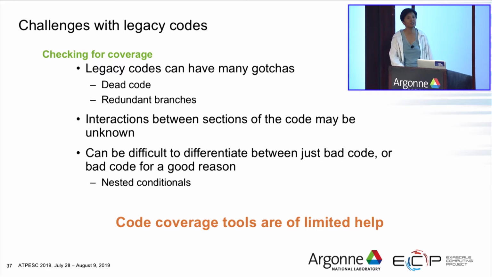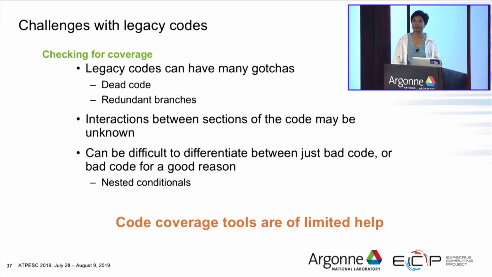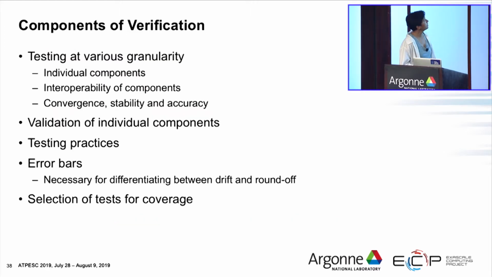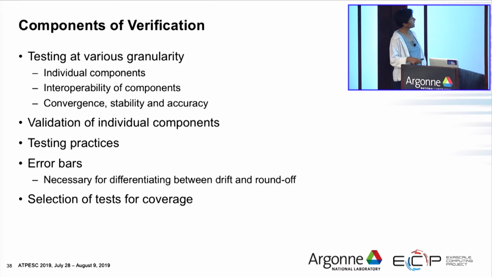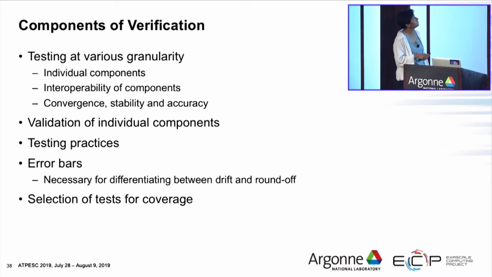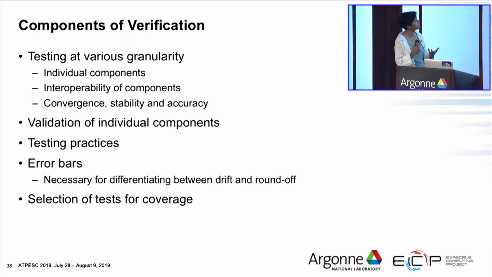In this situation, code coverage tools are of very, very limited help because they don't tell you anything about interoperability, et cetera. So to step back a little bit, the components of verification are testing at various granularities, which means you want to test individual components, interoperability between components, convergence, stability, accuracy, and things like error bars.